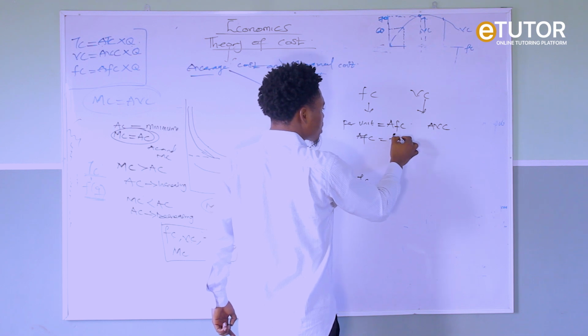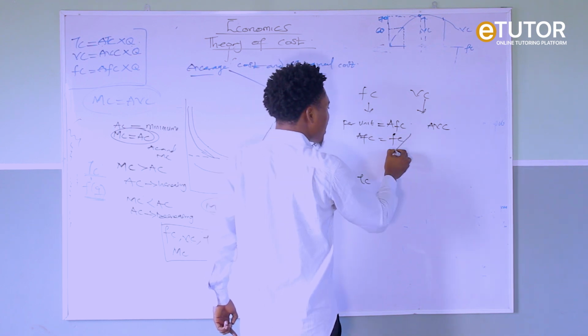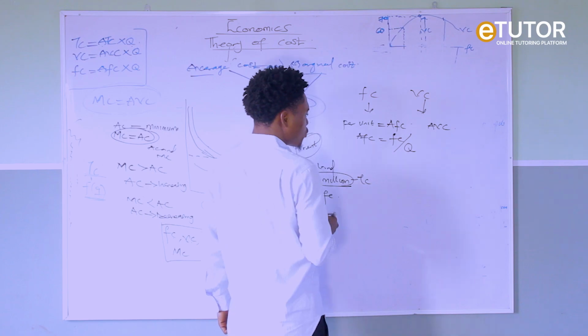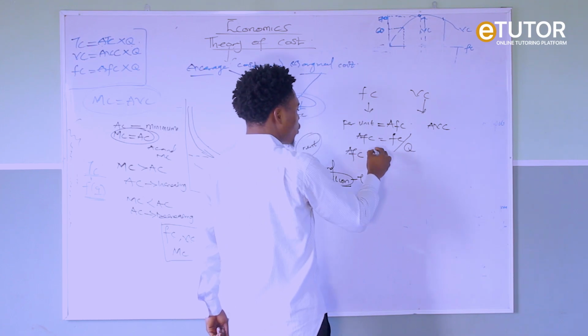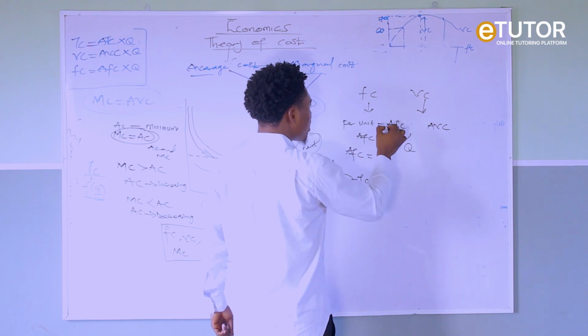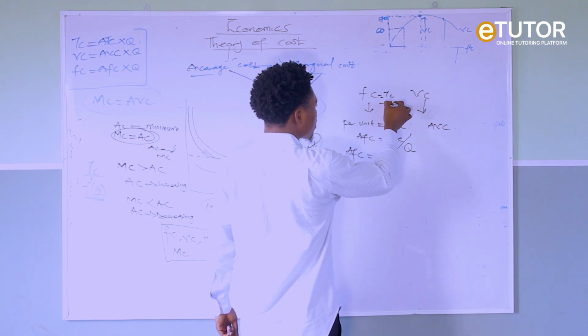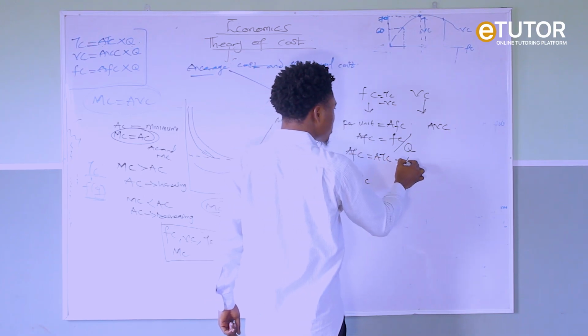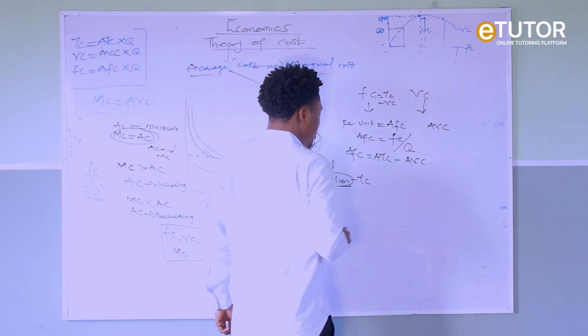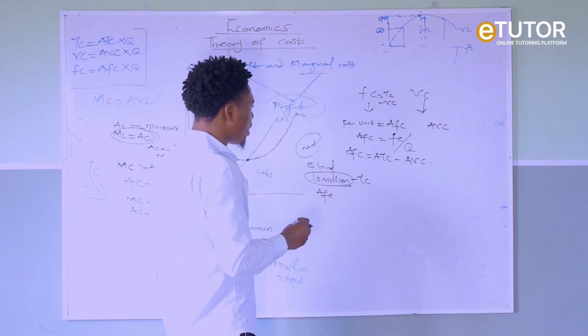So your average fixed cost is our total fixed cost divided by the unit of output. And we can also say our average fixed cost from the formula will be, don't forget FC equals TC minus VC, so AFC will be ATC minus AVC. That is our average fixed cost.